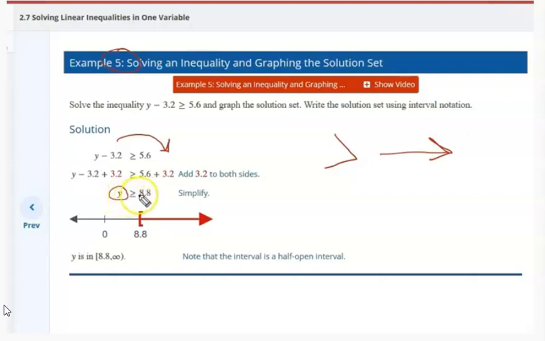Then putting this into interval notation, again: bracket, comma, positive infinity. But in our software, remember, we just move it to the end of the line that's illustrated, and then the ellipsis forms.